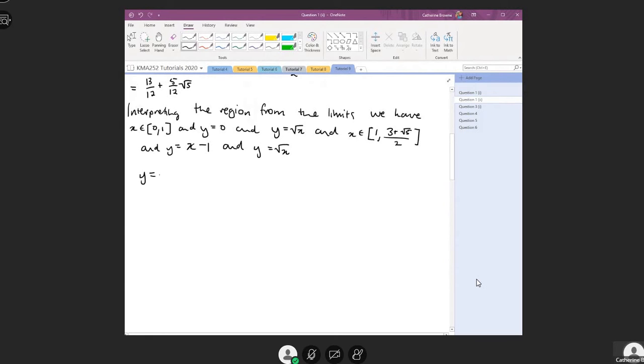So y equals root x is equivalent to x equals y squared, and y equals x minus 1 gives x equals y plus 1.